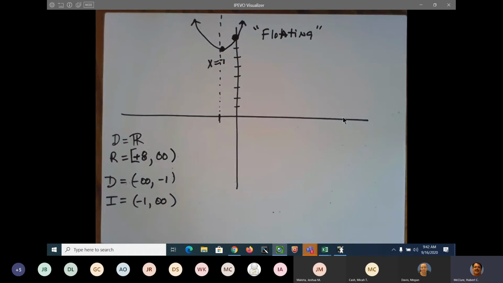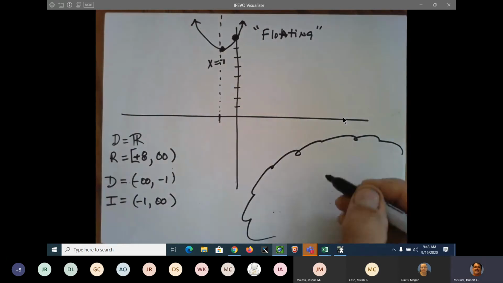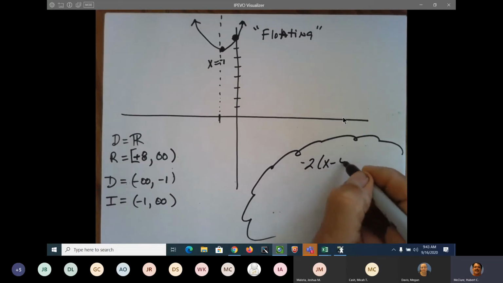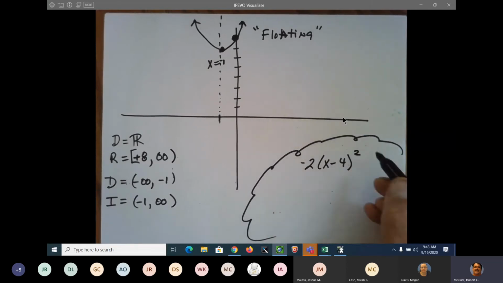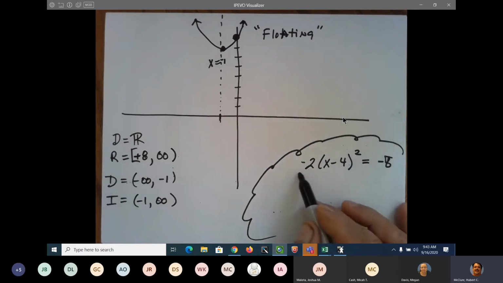Now you got to be careful, because sometimes you might have -2 times the quantity x minus 4 squared is equal to -7 or -8. Now if you have something like this, you can't say, oh, there's a -8 over there, that means no x-intercept. Because what happens when you divide by -2?